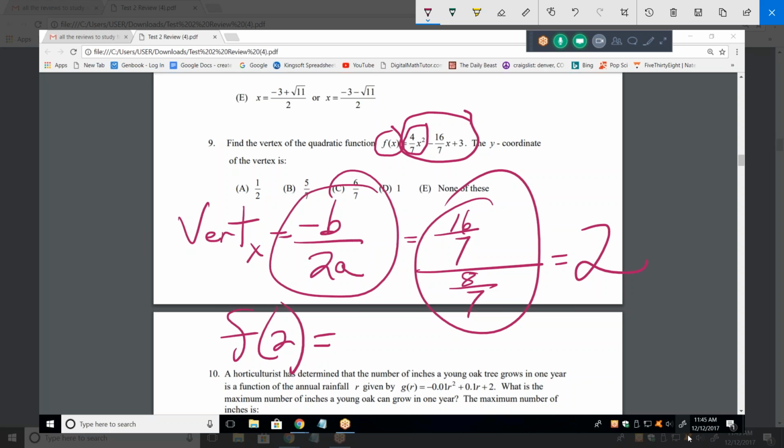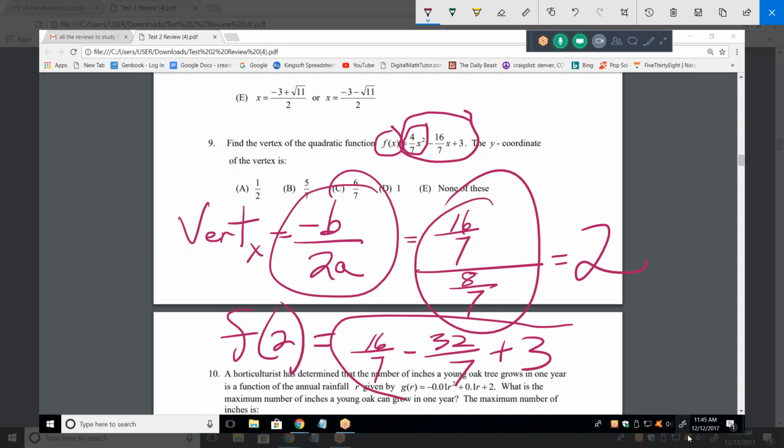It'd be 16 over 28. No. x squared turns into 4. You're only multiplying the numerator. You don't multiply both numerator and denominator. Multiply numerator only. Minus what? 32 over 7. Plus 3.